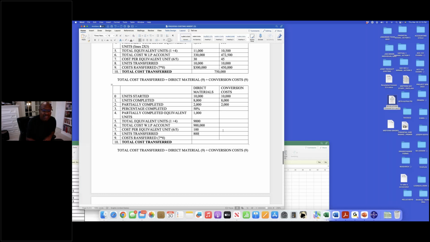Happy I use pencil. I'm over here erasing. And so the cost transferred would be what? 800,000. Yeah. And how much conversion cost did we transfer? I haven't done that one yet.